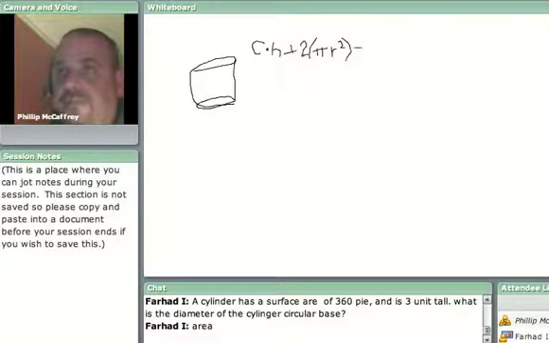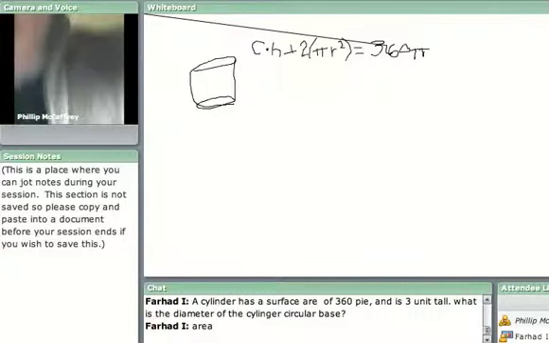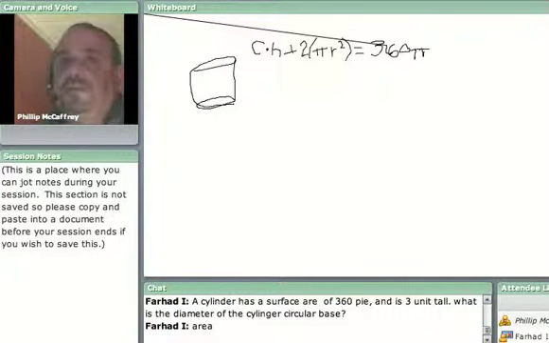So this is going to equal 360 pi. And it's 3 units tall. So you can see where this is going. So this says 3 times the circumference. And what does circumference equal? So let's get one variable. Circumference is equal to 2 pi r.